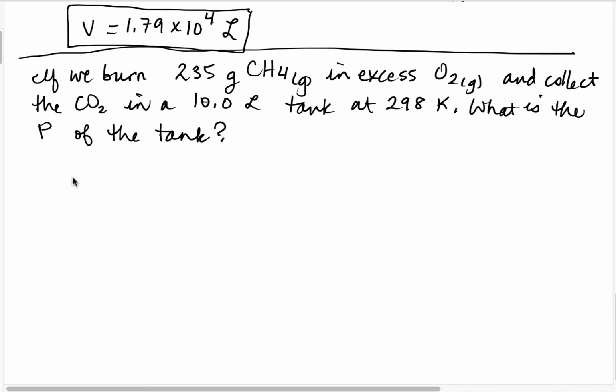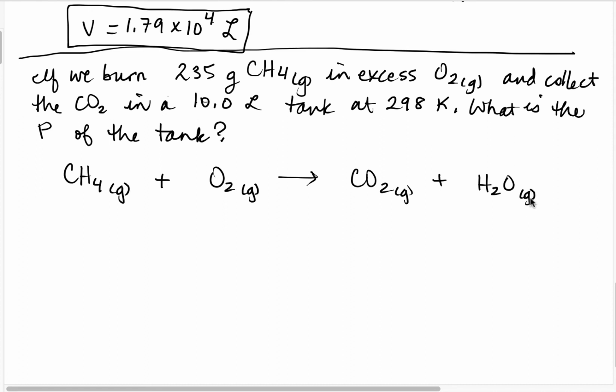Okay. The first thing that we need is a balanced equation. So I hope that you recognize that this was a combustion reaction, and so we should make carbon dioxide and water. And I have a fairly simple ratio here for our stoichiometry.